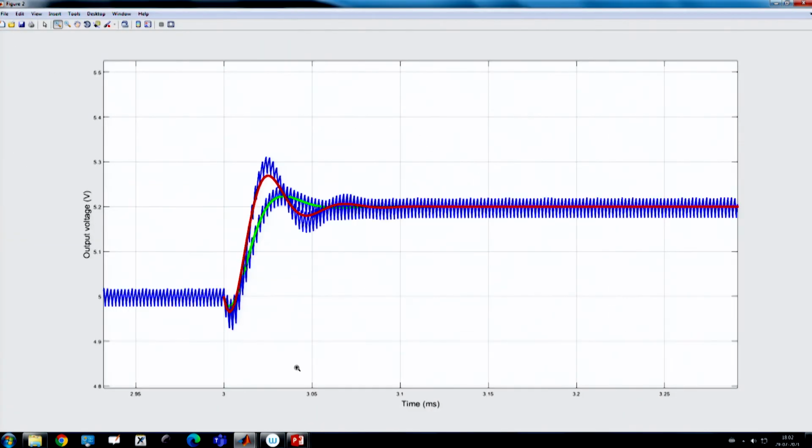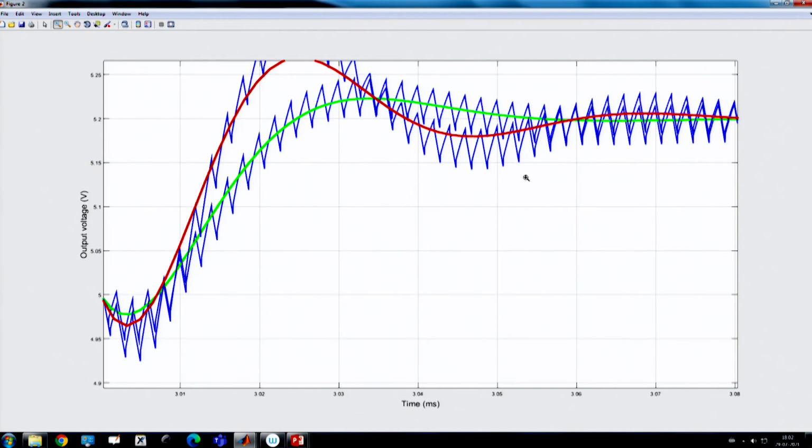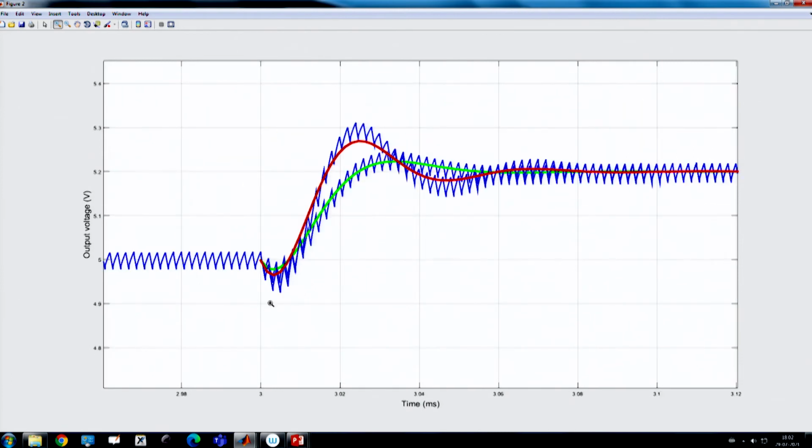So, if you see, in the first case, the green one, the matching is perfectly fine with the actual switch simulation, because if you particularly look at this response, the green is following perfectly. But once you try to push the bandwidth high, first of all there is a model mismatch.